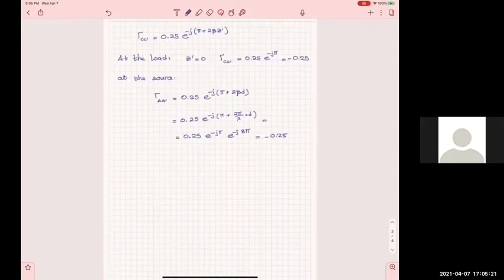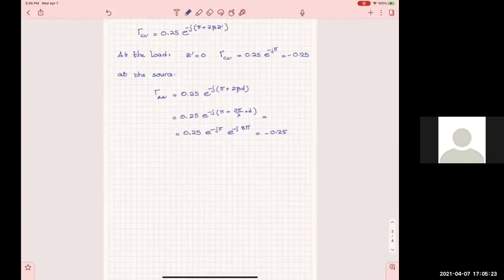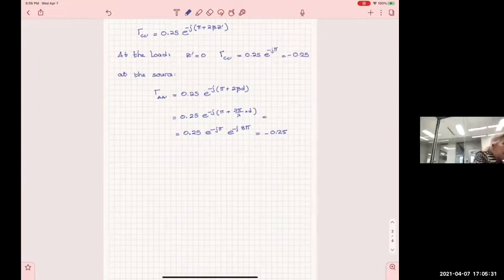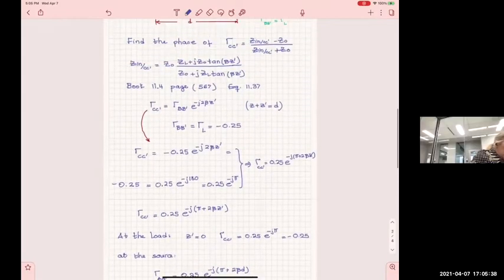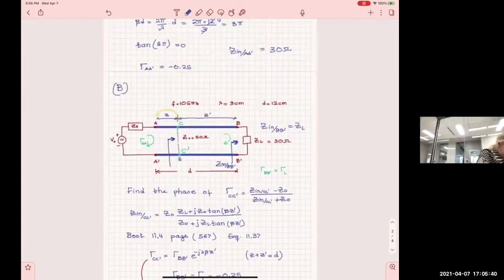What value of length D and what value of characteristic impedance Z0 will make the reflection coefficient gamma at A prime equal to 0? Okay, so this is part C. Let me do this again, take it one down.